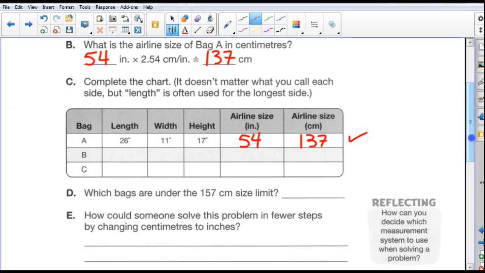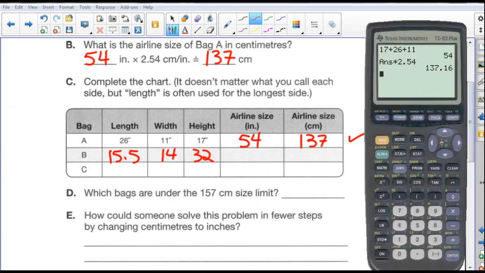Case B, the length is 32 inches. The width is 14 inches. And the height is, oh, we got this reversed here. The height is 32 inches, and the length is 15.5 inches. So let's add all those numbers up together.